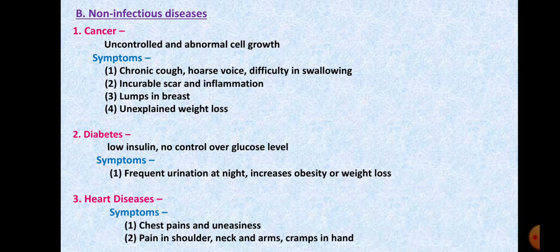Because of this, the heart has to perform more work. So it is under pressure, which leads to stress. And this may cause a heart attack. If someone gets a heart attack, immediately the doctor should be consulted and the treatment should be started.